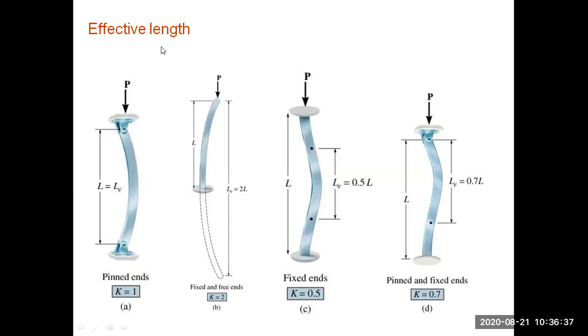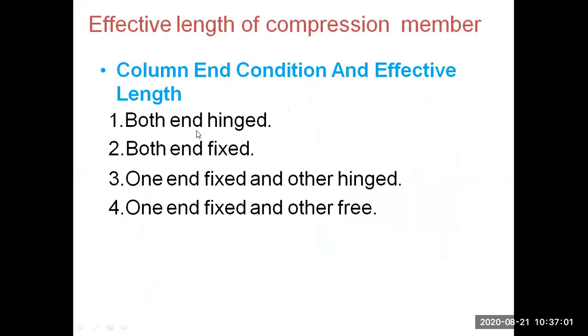Pinned end means both ends are hinged. At that time, effective length L is equal to 1 L, K is equal to 1. Here the K factor is there; 1 L means effective length and given length are equal. So we have to calculate effective length from the length given to the member, for the boundary condition both ends hinged.